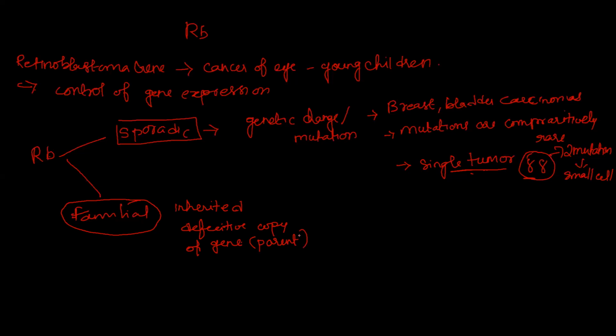Now you already have in your system a cell which has got some abnormality, and it is passed on, so there is already one mutation, and you just need one more mutation to occur in this particular gene, right?